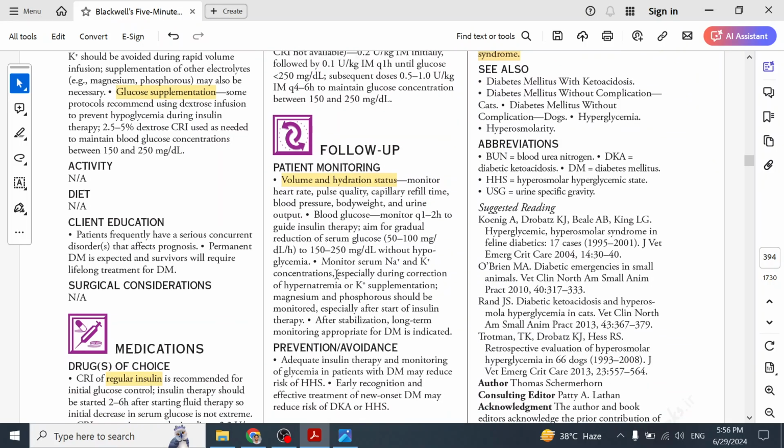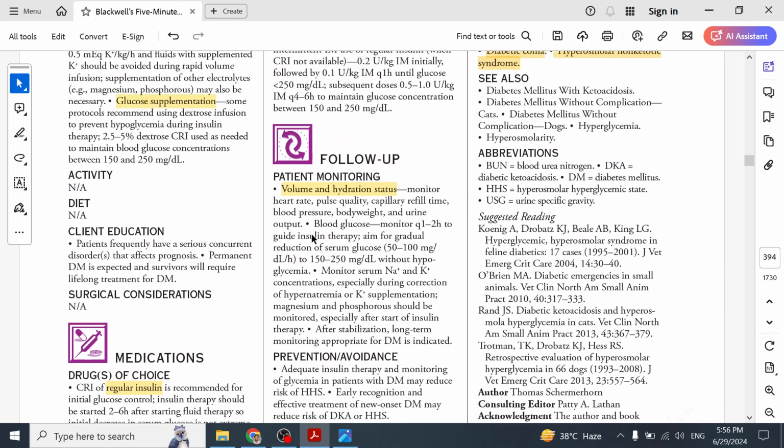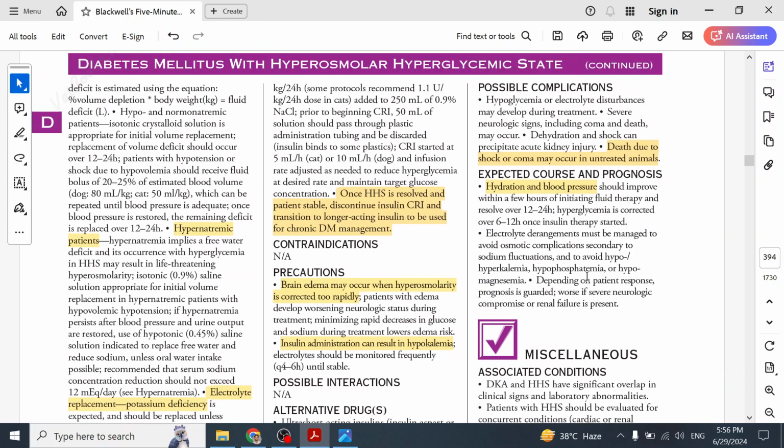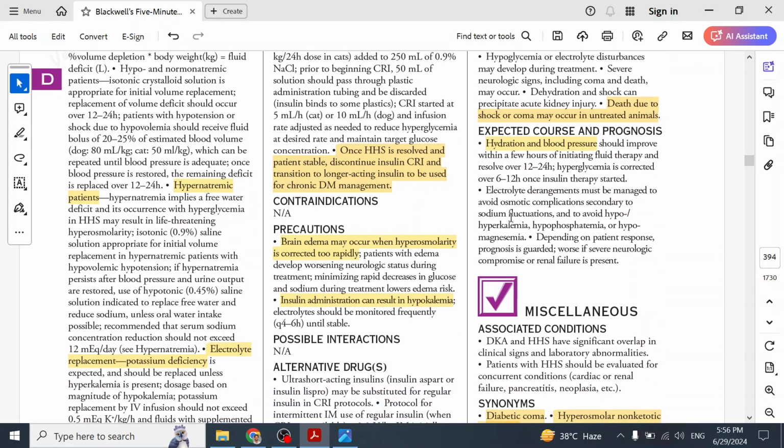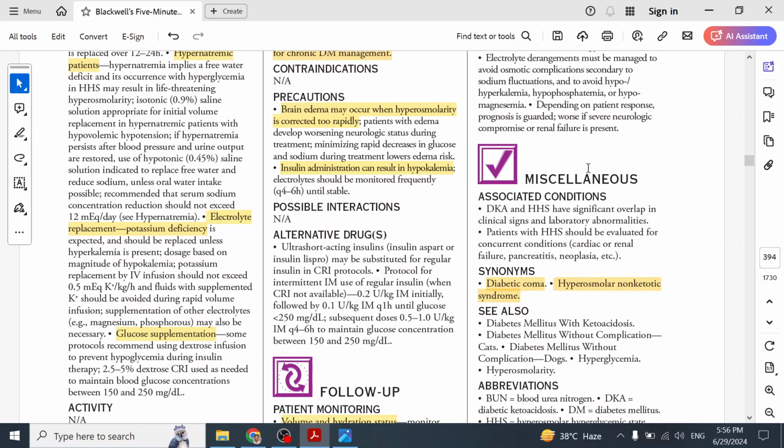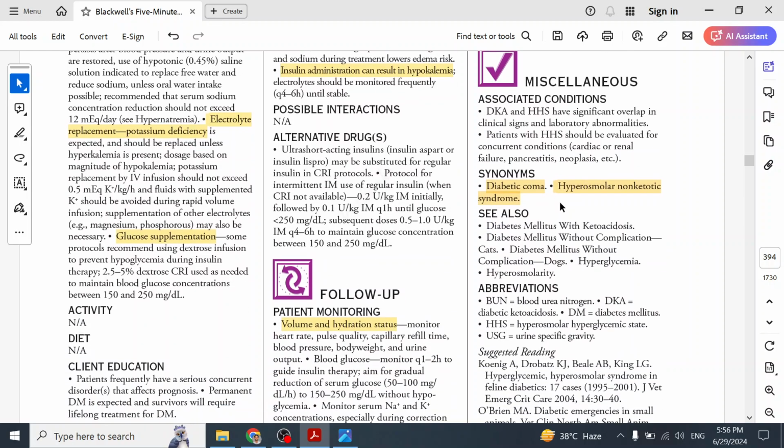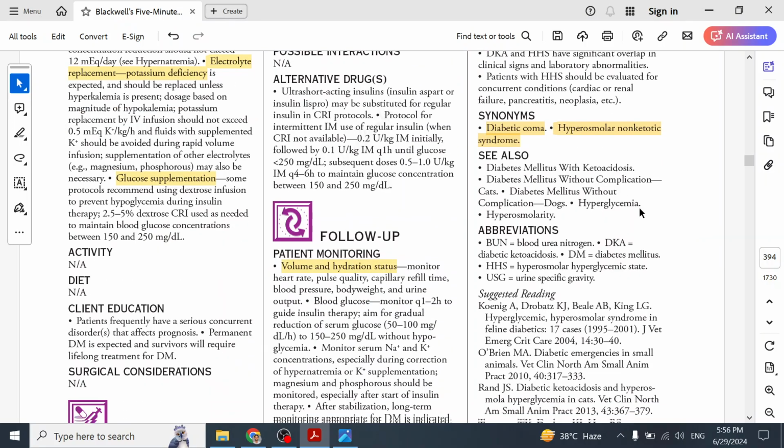Keep in mind volume and hydration status, and the possible complication of shock or coma in the untreated animal, because severe dehydration may lead to coma and shock. Expected course: with hydration and blood pressure support, the prognosis will be good. The other names of this condition are diabetic coma and hyperosmolar non-ketonic syndrome.